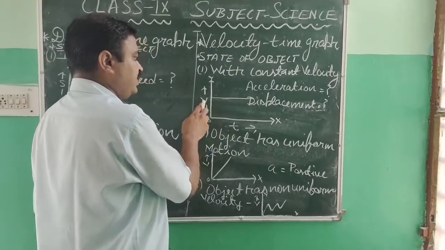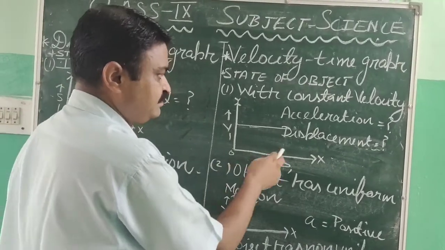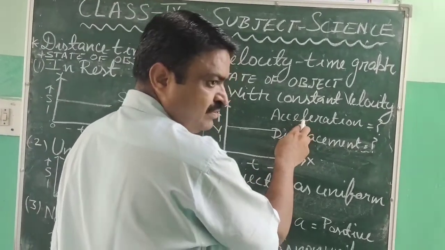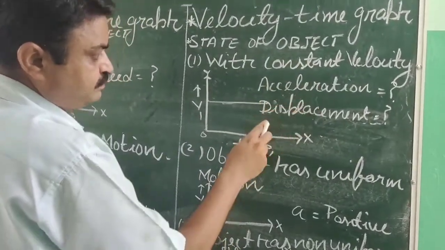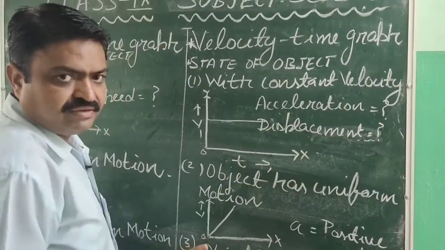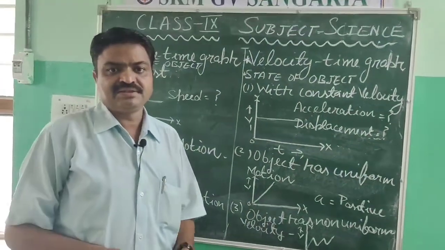So with the help of the velocity and time data, we can get the acceleration, the change of acceleration, or the displacement. So it is about the graphical representation, student.